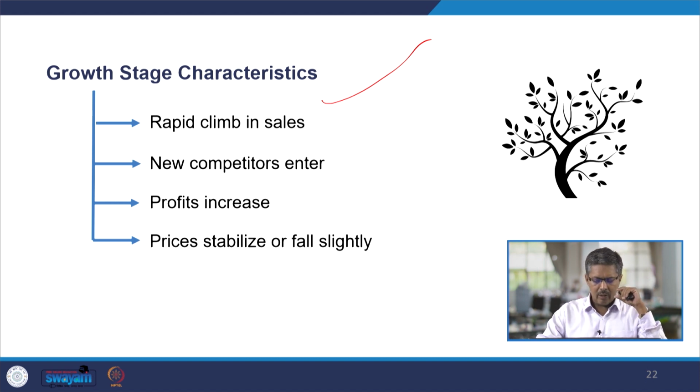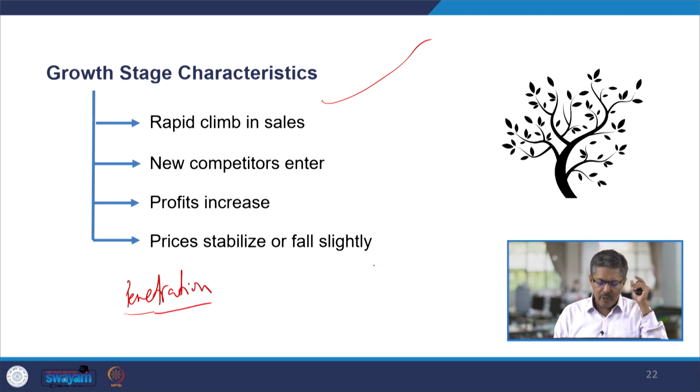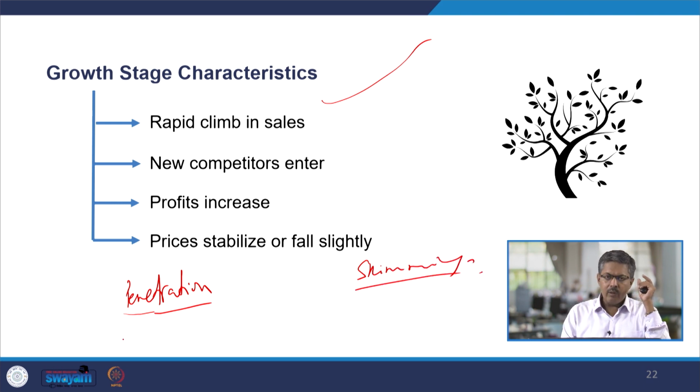Now, the difference between B2B and B2C is that in B2C companies generally use penetration pricing, and in B2B generally we use skimming pricing. The simple reason is that you try to create awareness, and as the demand for the product increases, you slightly increase the cost of the products.